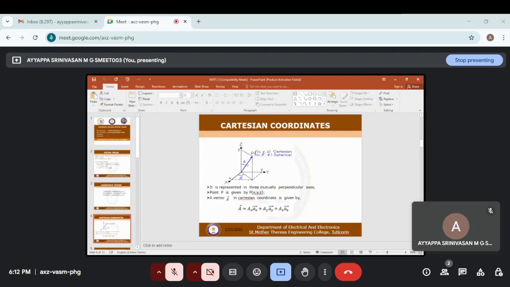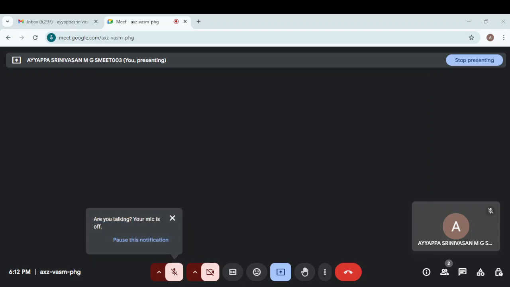So let us view them one by one. First, Cartesian. We have given the Cartesian coordinates here, and of course you can find them in any room. The x is the horizontal one, this is x, this is y, this is z.